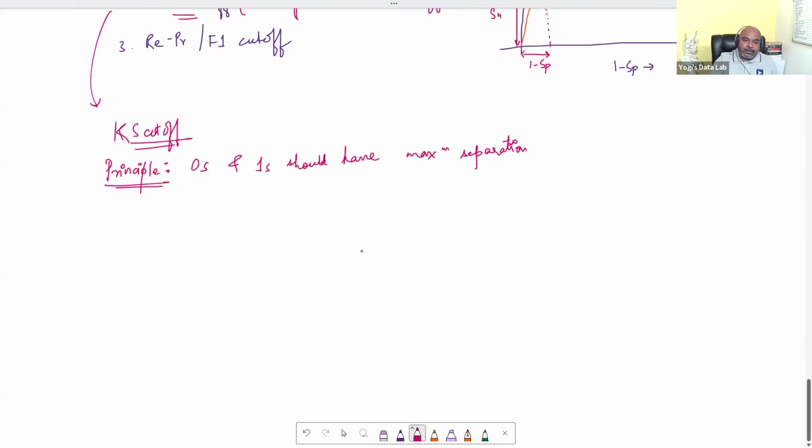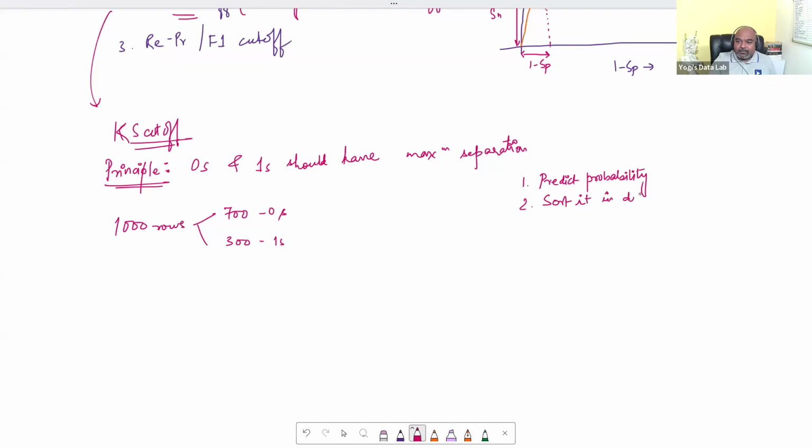Let's say I have 1000 rows of data, with 700 zeros and 300 ones. The first step is to predict the probability. Once I have predicted the probability, I'll sort them in descending order.